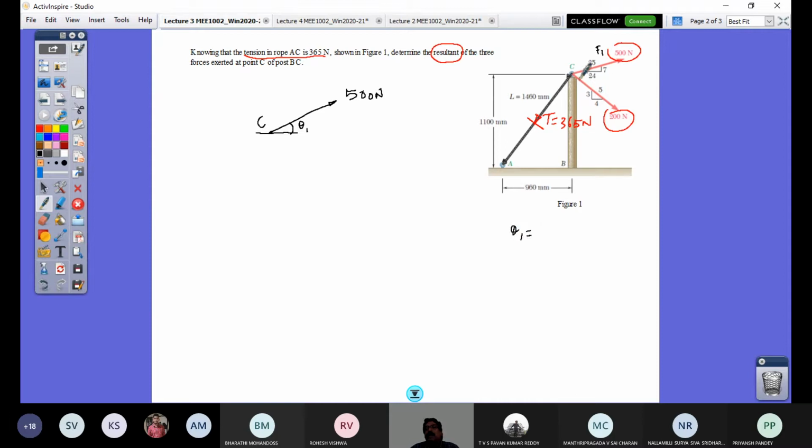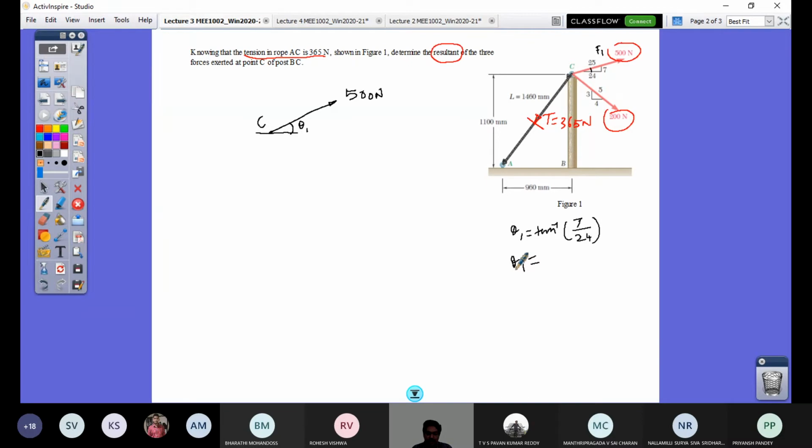See, the angle is not explicitly given in degrees. Rather, it is given by its slope. So what is dy by dx? 7 by 24. The slope is given by tan of this angle, that's theta 1. So theta 1 will be tan inverse of the opposite side 7 by the adjacent side 24.